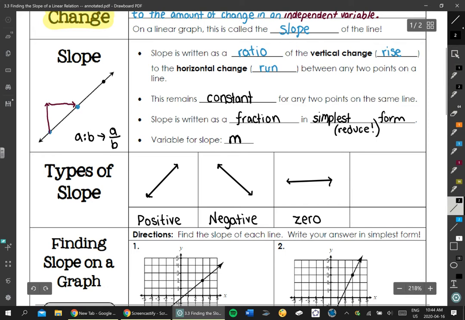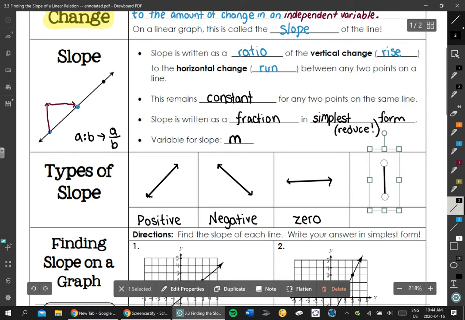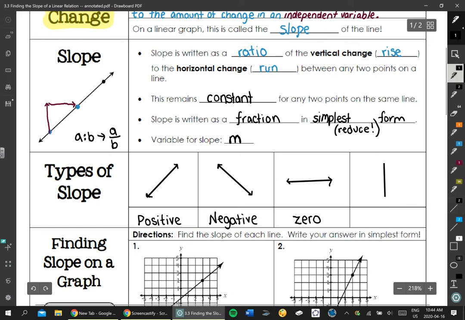Finally, the last type of slope is when you have a vertical line, where we're not doing any horizontal changing. We're just going up or down. And when we have a vertical line, we call the slope undefined, meaning slope does not exist.